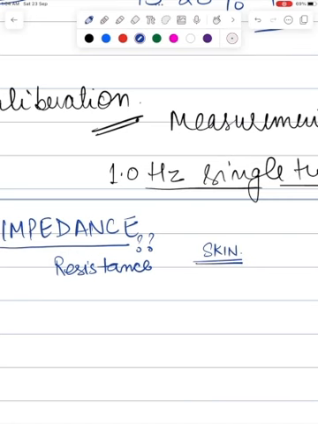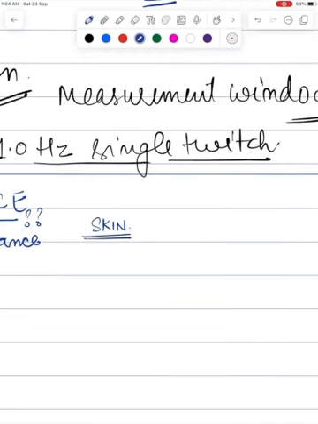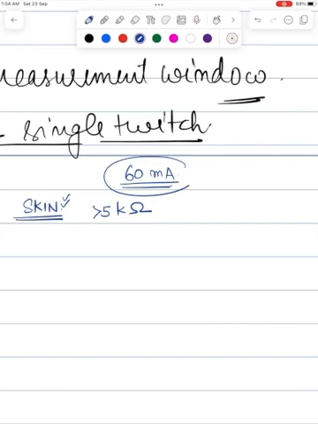In neuromuscular monitoring, whenever we have to stimulate a nerve, we generally use a current of 60 milliamperes. Now, if the resistance or the impedance of the skin is more than 5 kilo ohms, then this current which is being supplied to the nerve will not be able to actually make it to the nerve.